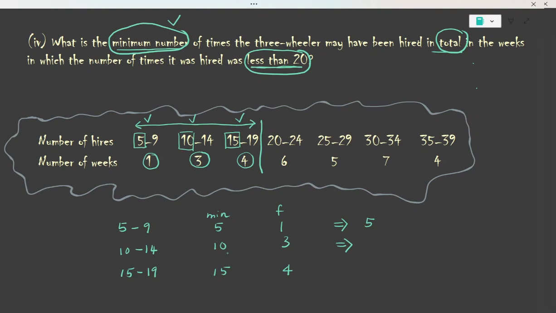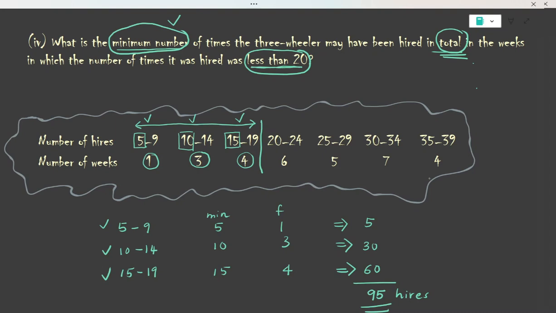So 10 times 3 is 30. For 15 to 19, the minimum is 15 and the number of weeks is 4. 15 times 4 is 60. 5 plus 30 plus 60 gives us 95 hires, and that is the answer for this.